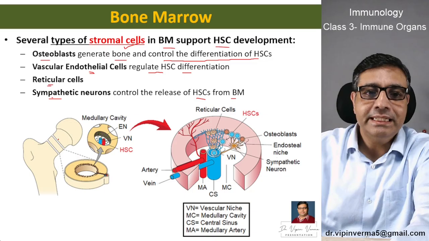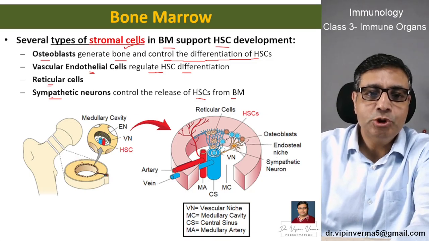So here you can see the diagram where the bone is cut, shown and magnified. This is the bone part. We have cut it and then shown how the different parts look under the microscope. This cavity is the medullary cavity.